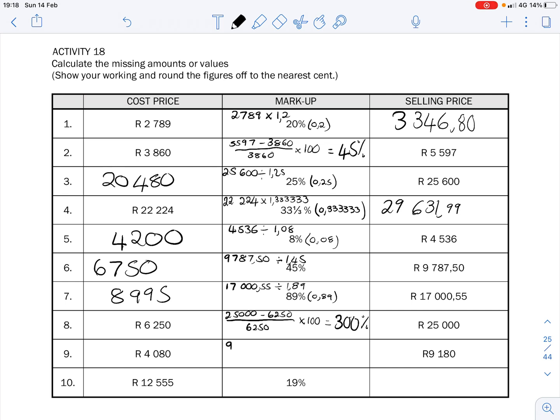We take our selling price minus our cost price over our cost price, and we multiply that by 100 to leave us with a markup percentage of 125%.